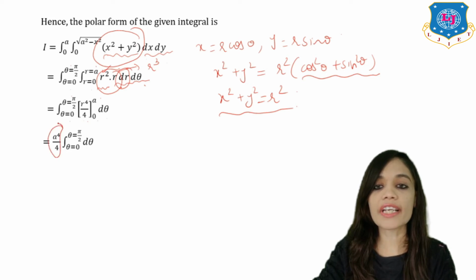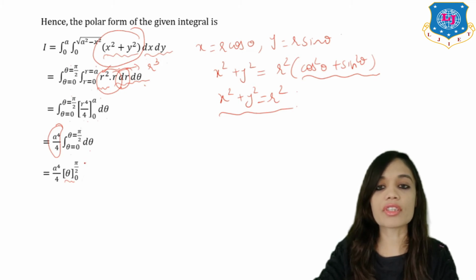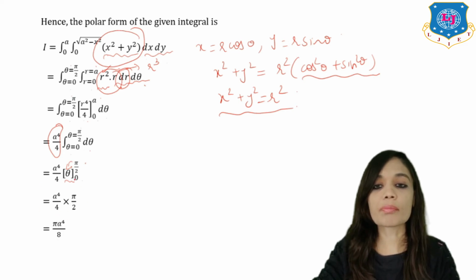Keep that outside as it is constant, and integration from 0 to pi by 2 d theta will remain. Now we know the integration of 1 d theta will be theta, and your limits are 0 to pi by 2. Again let us put the limits. So what will we get? Only pi by 2 in place of theta. So the answer on simplification will be pi a raised to 4 upon 8.